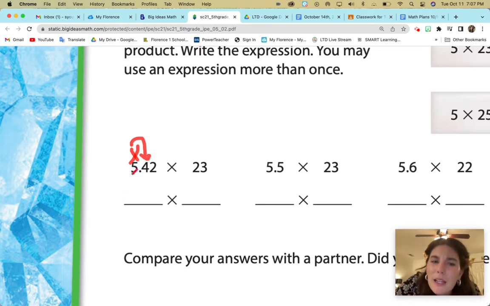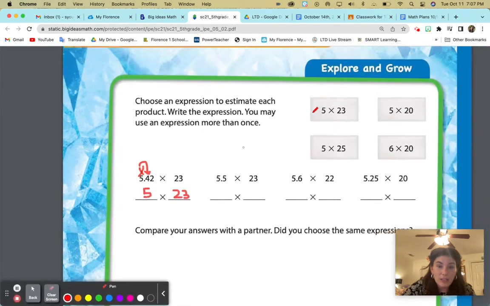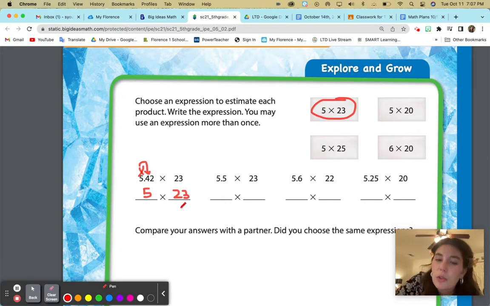So what does that do to where we're rounding? Keeps it the same. So this is roughly going to be 5 times 23. Now, friends, we can see that there was an expression, 5 times 23, that I could use. Perfect. You try the next one.